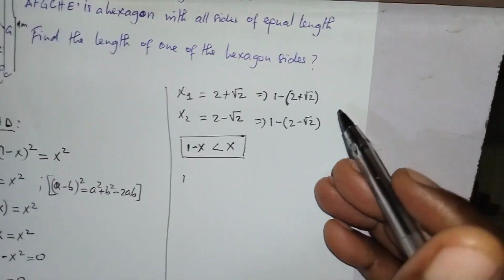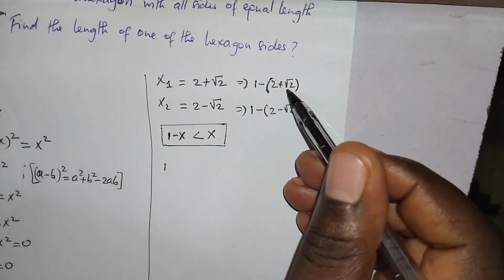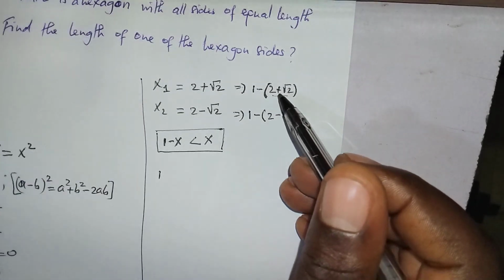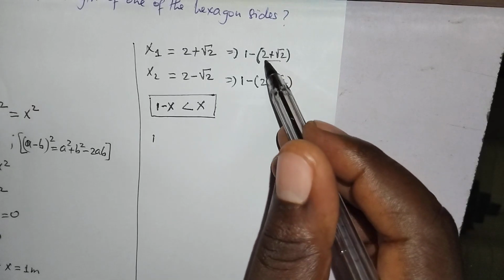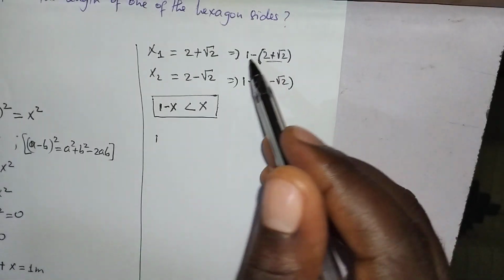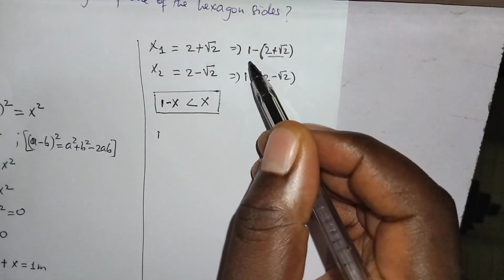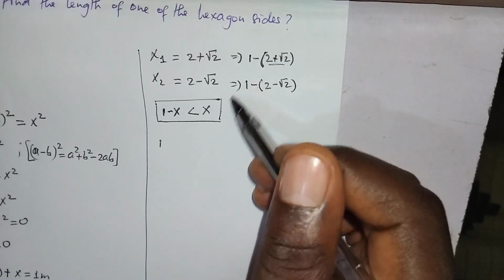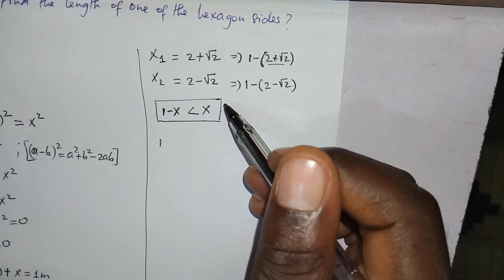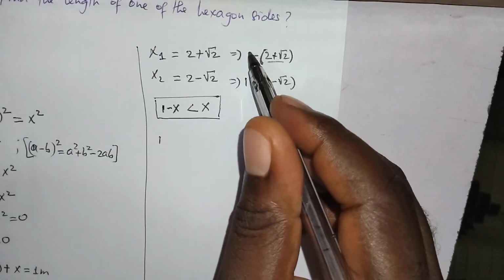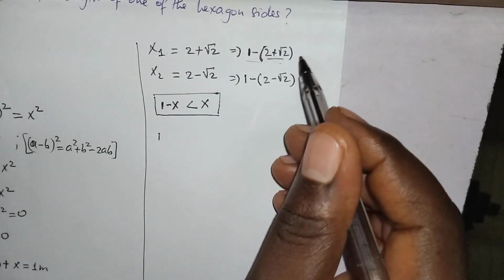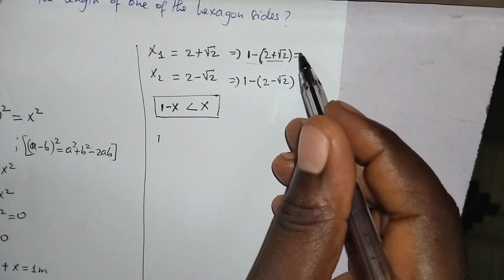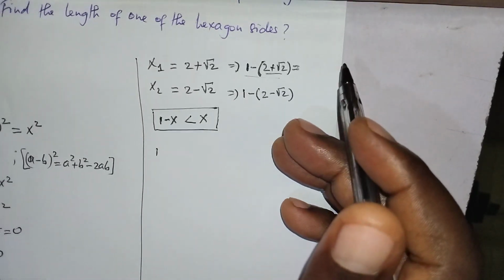As to this value, it is greater than 1. If you make the difference, you will get negative.